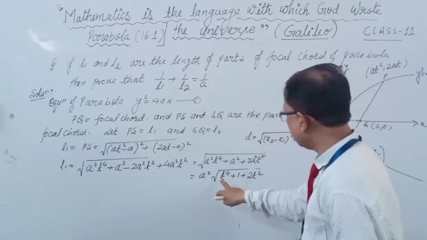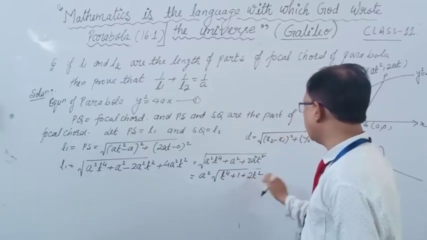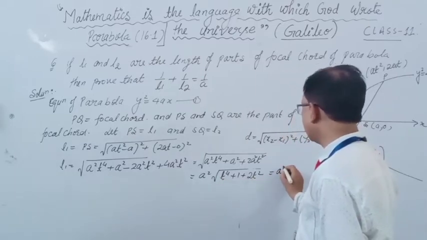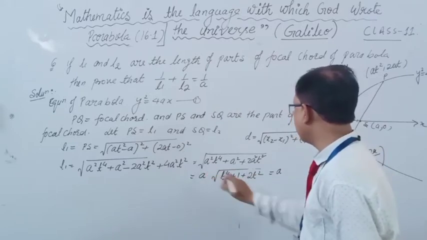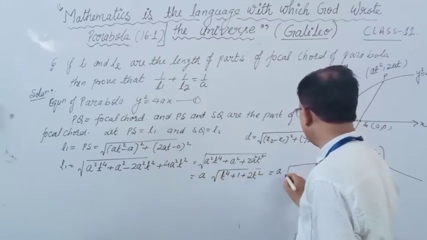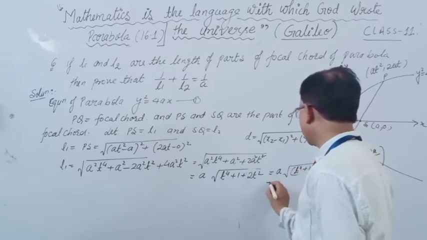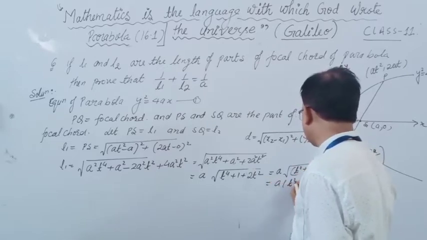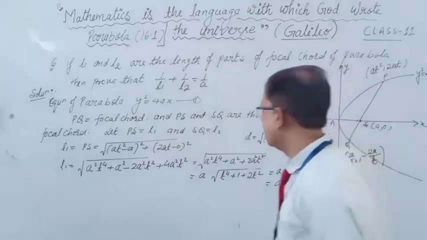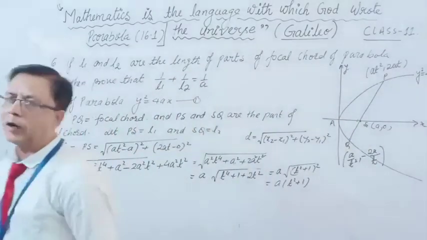Now students, a square plus b square plus 2ab is a plus b whole square, so this is a times t square plus 1 whole square root. Now we write this as a(t square plus 1). So note this part of the question.